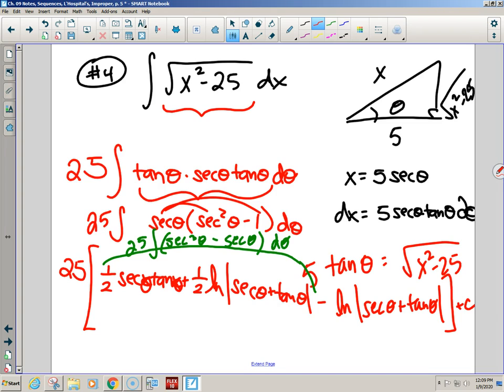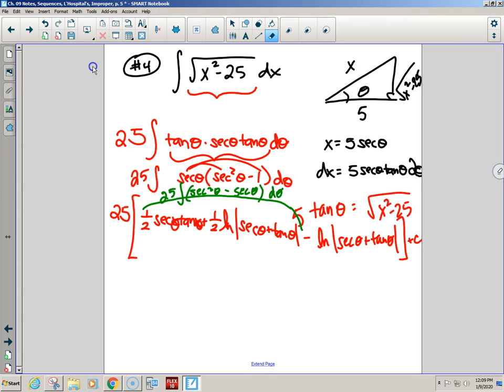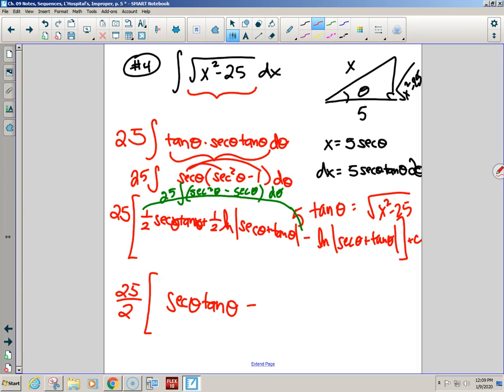So I have 1/2 minus 1/2, which would be, sorry, minus 1. And can't I just pull the 1/2 out at this point? If that's going to be a negative 1/2, just pull that guy out of there. So I have 25 over 2 with secant theta, tangent theta, minus, right? Minus ln of.